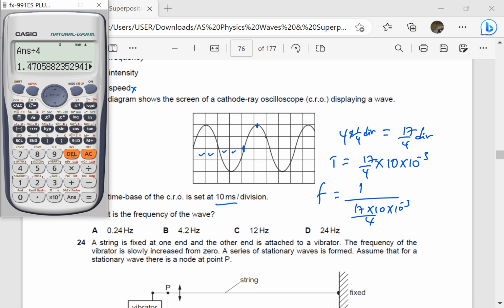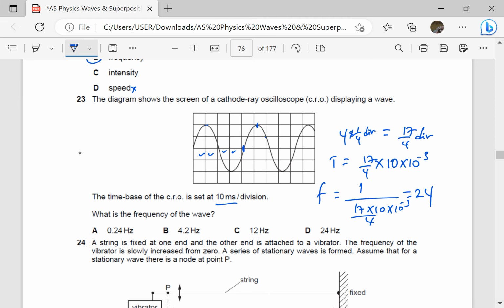Period is 17 over 4, which makes this 4 divided by 17 times 10 to the power negative 3, which is 23.5, which is approximately 24. Therefore, the answer here is going to be D.